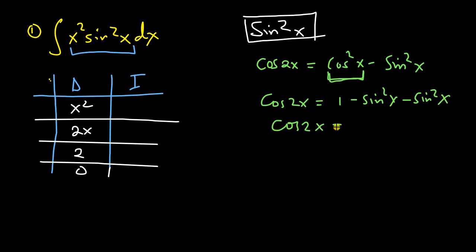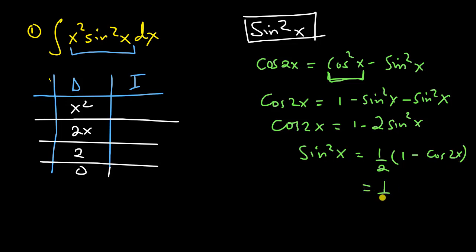So cos 2x is 1 minus 2 sine squared x, and if you make sine squared x the subject, it turns out that sine squared x is a half into 1 minus cosine of 2x. So I can just write this as a half minus a half cos 2x.